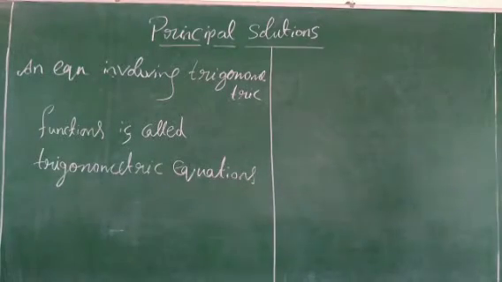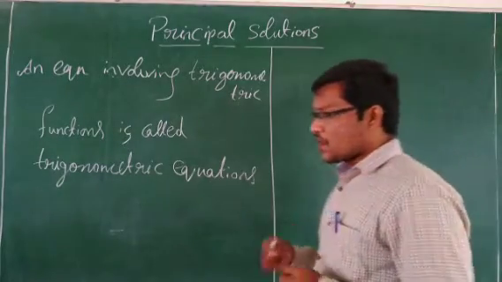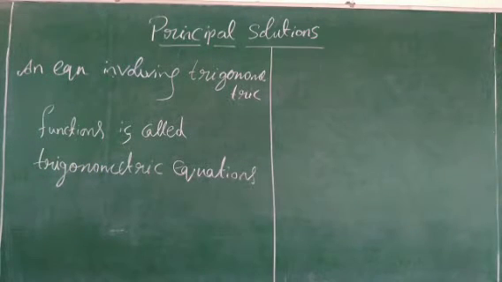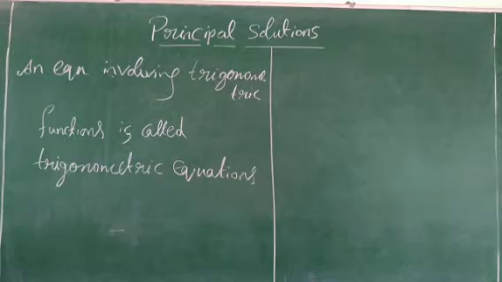Here we will be talking about two types of solutions. One type is the principal solution, and the other type is the general solution. First we will talk about what a principal solution is.